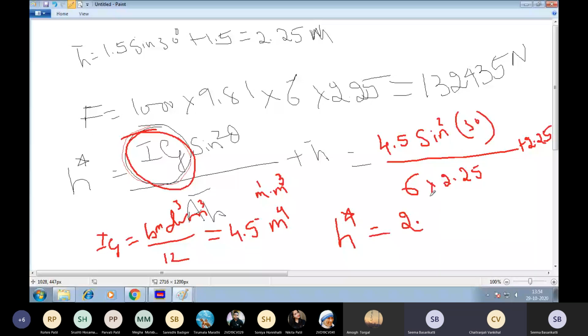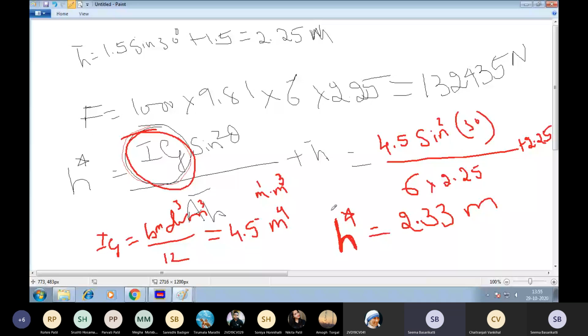What is the unit? How are we going to measure the height? Meter, ma'am. In terms of meter. So this is the value of H star.